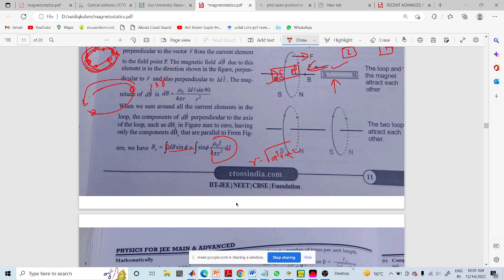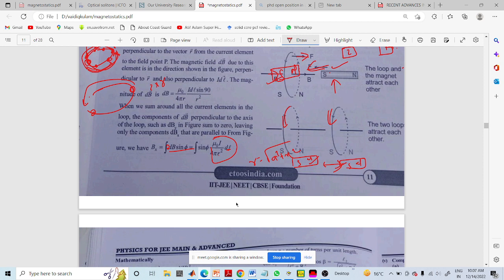So here the two loops attract each other. Suppose we have a loop and this is the second loop, and current is flowing in this way and in this way. Because of this loop we can produce a magnet, south and north, and because of the other we have south and north. So it is north, it is south, they will attract each other, right?